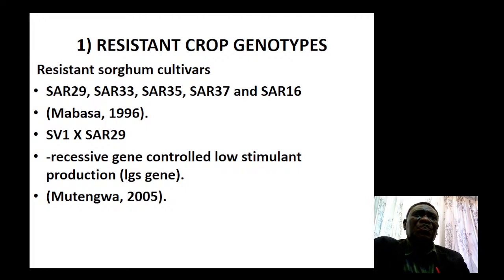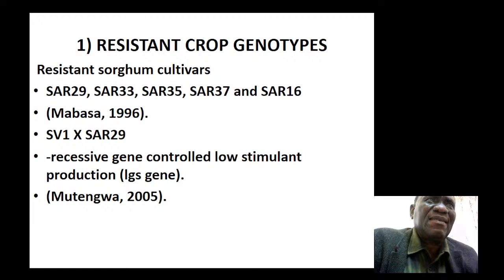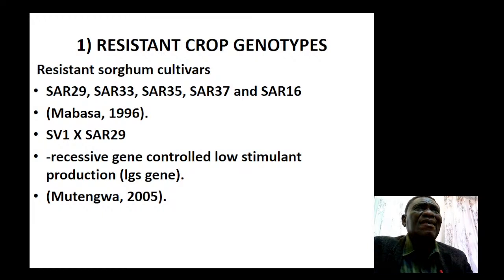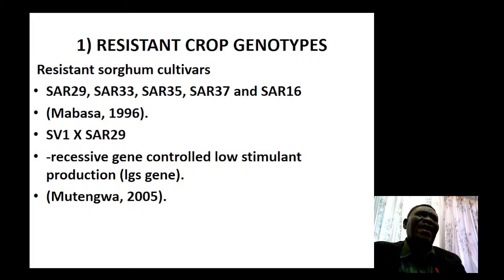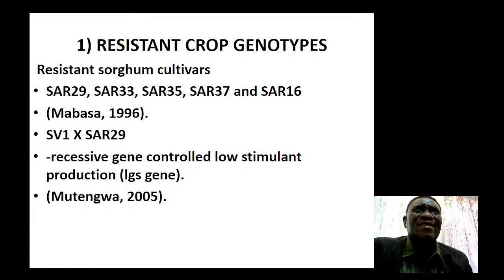So one of the control methods which we can use is that we can look for resistant crop genotypes, because you need yield first.